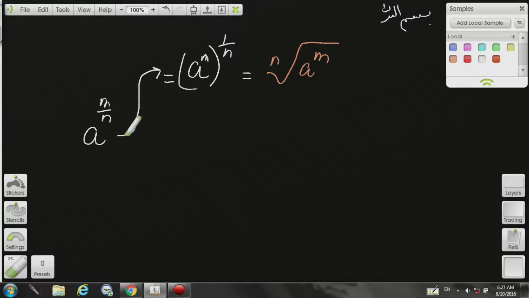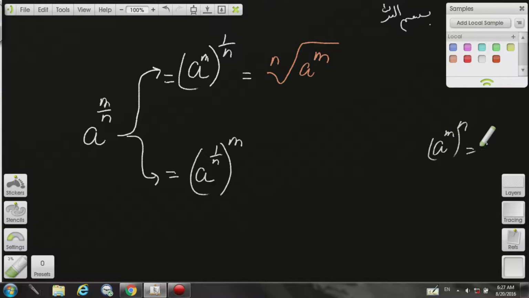Okay. The other way that this can be rewritten is a to the 1 over n to the power m, for the same reason. A to the m to the n equals a to the m times n, commutative property of multiplication. Right?